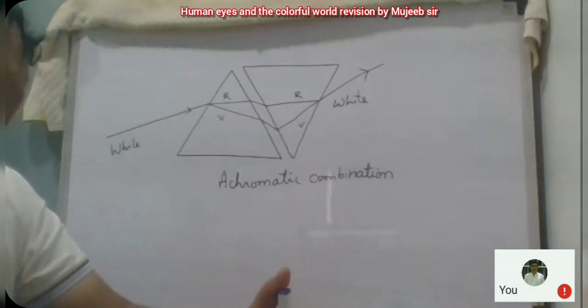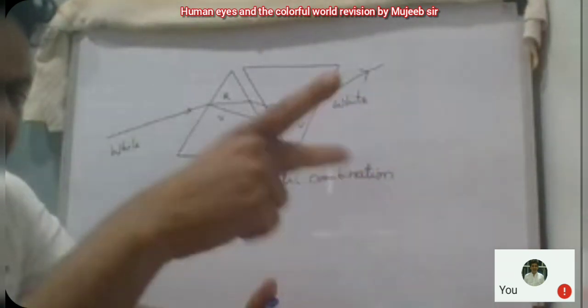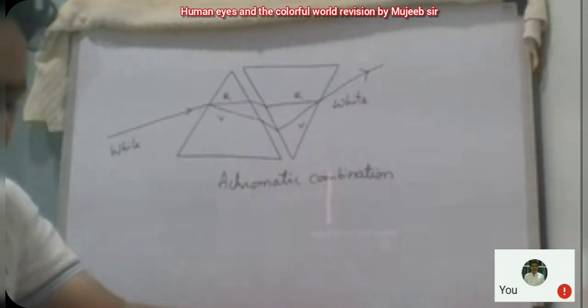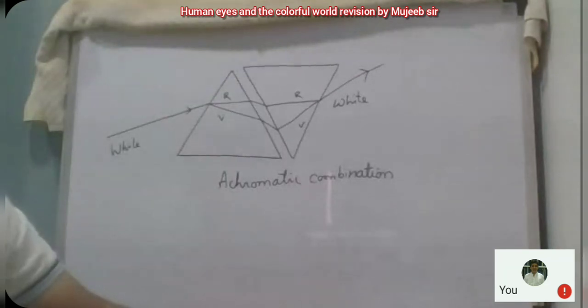And that process was called chromatography. So separation of the color is called chromatography, and combination of the color will be achromatic. Achromatic combination, the word came from that. Here the 7 colors are getting recombined.